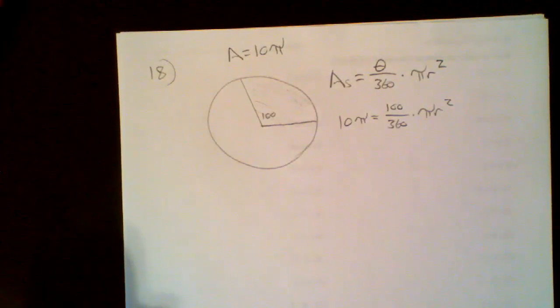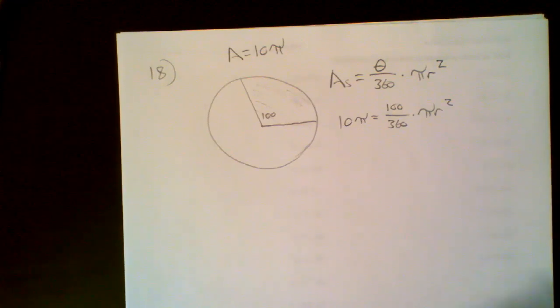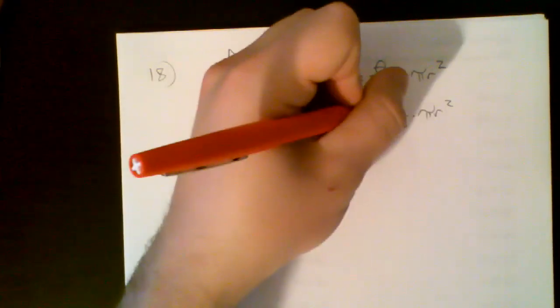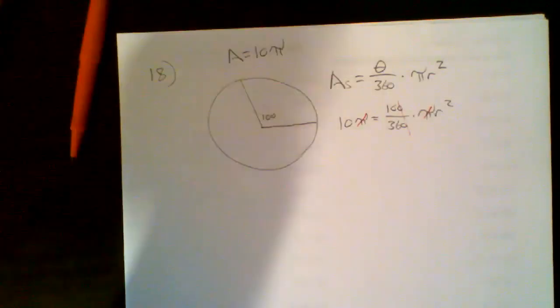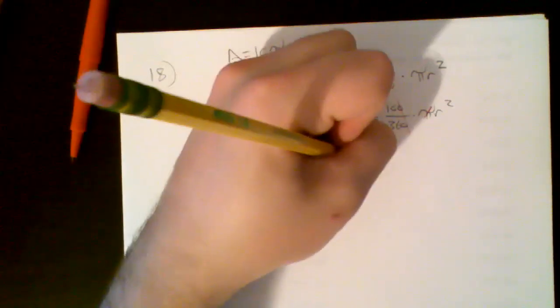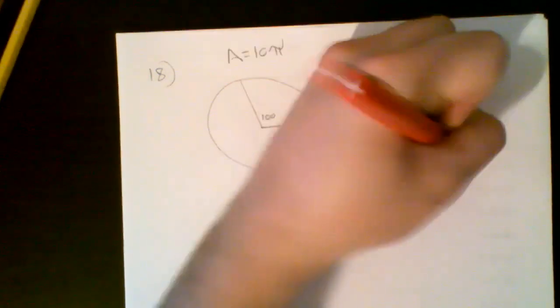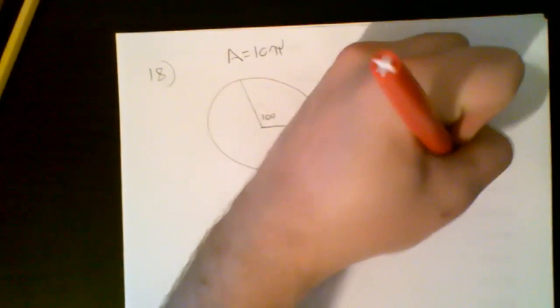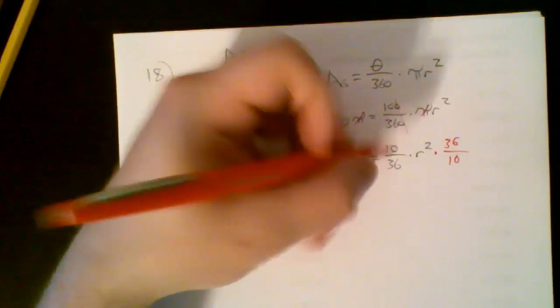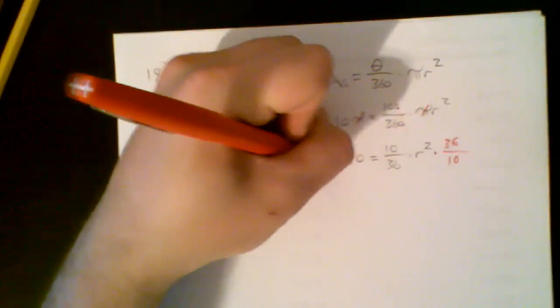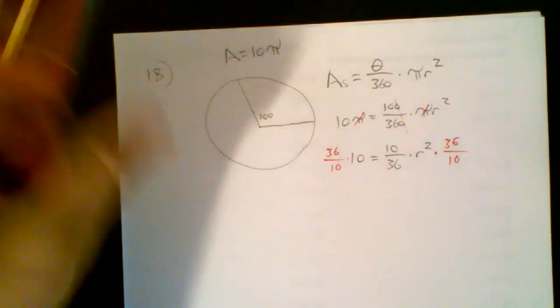I'm going to do a couple steps in one go here. I'm going to simplify this as 10 over 36 and cancel out these pi's. So what we have is 10 equals 10 over 36 times r squared. I'm going to multiply by the reciprocal, 36 over 10, to cancel out this fraction. Most important rule of algebra: whatever you do on one side, you have to do to the other.